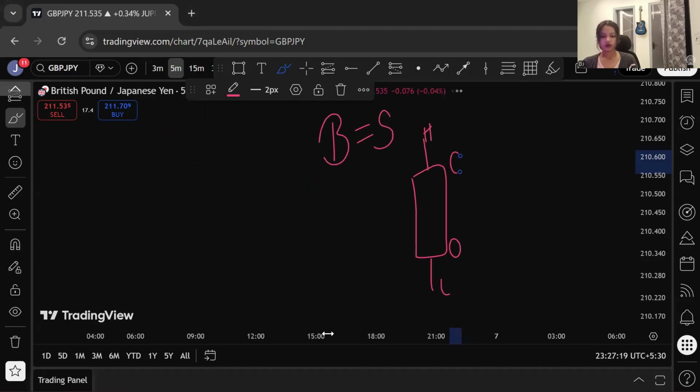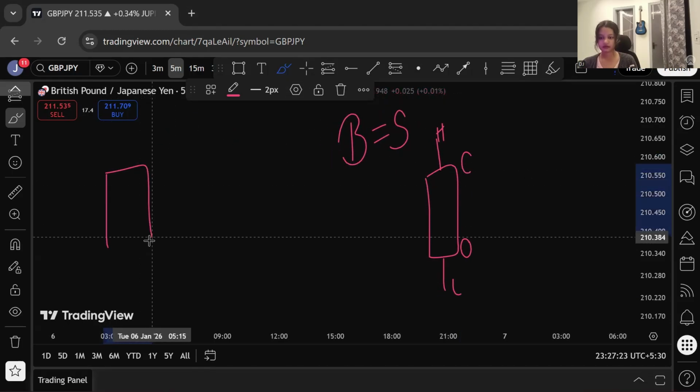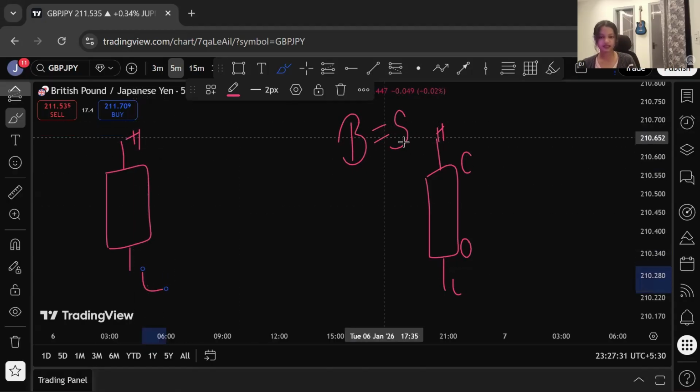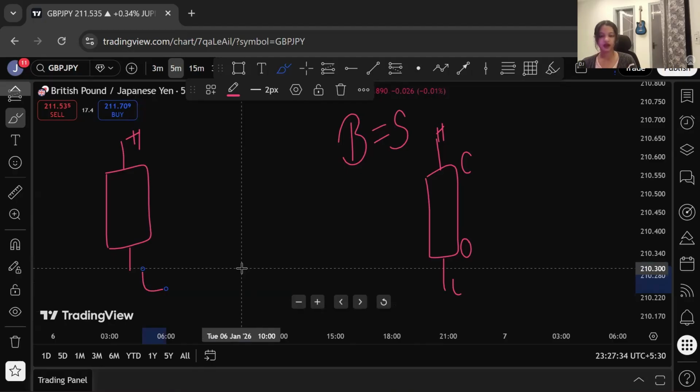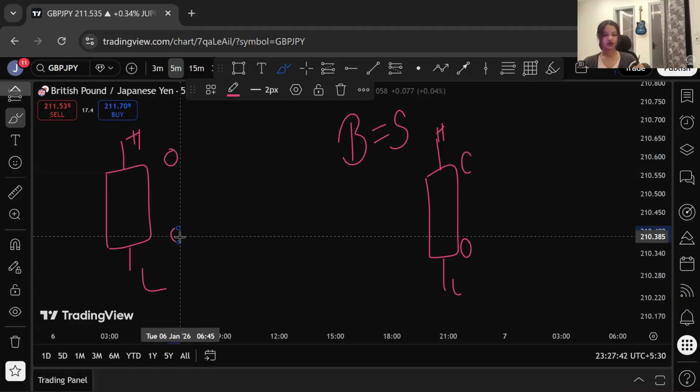Let me just draw one more since there are two color candles. See, the high area and the low area of both these color candles are the same. These are the highs and these are the lows. What changes is the body, where it opens and where it closes, and that decides if it's going to be a bullish or a bearish candle.